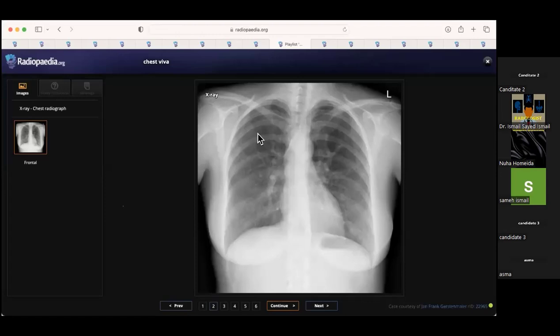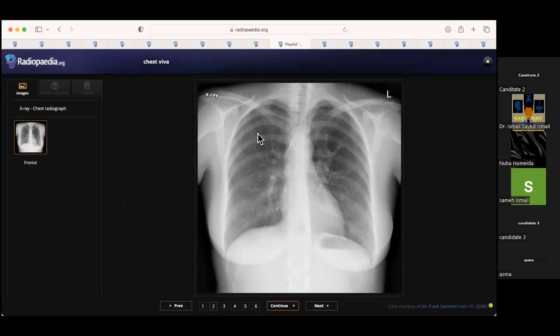Giving this appearance, it could be upper lobe. So my differential is, I think it's something maybe congenital. Okay, yeah. So what kind of congenital stuff do you think of? Congenital upper lobe emphysema.